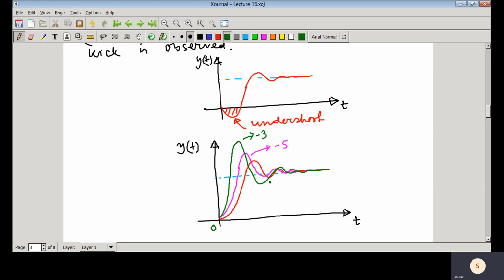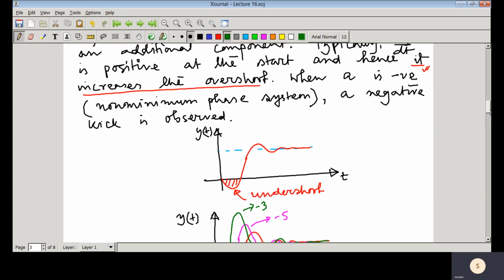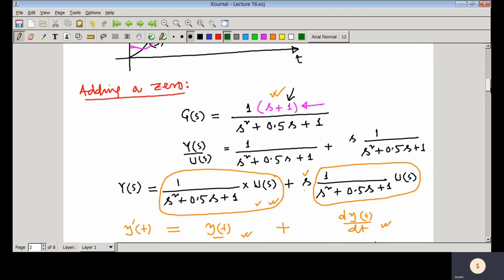So this is the typical response of a system whenever we add a 0 to the transfer function.